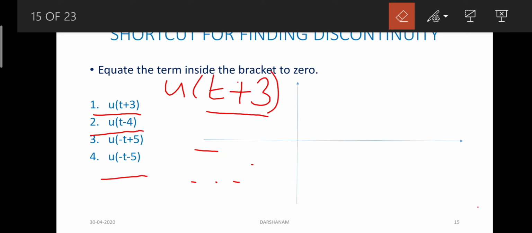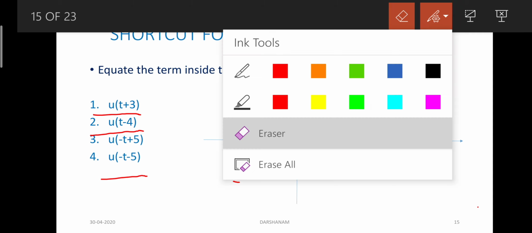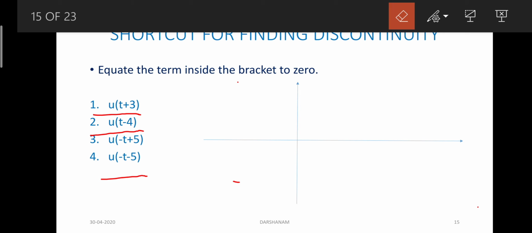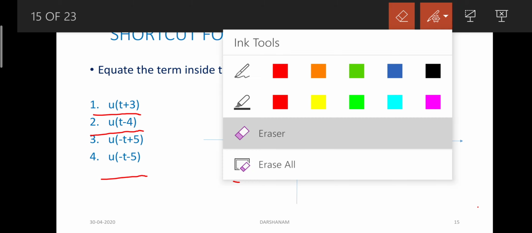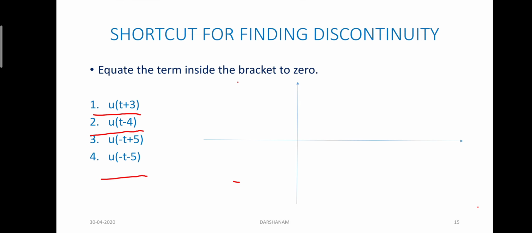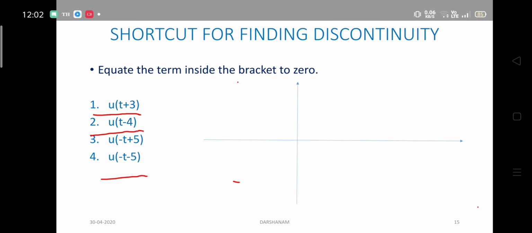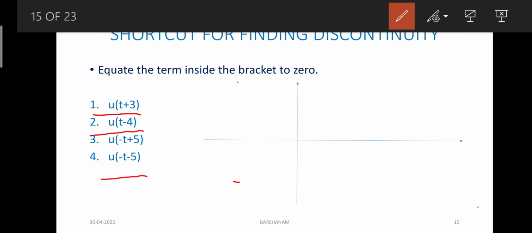So we can write it here, that is, here discontinuity is at t equal to minus 3. Calculating this for u of t minus 4, that is t minus 4 is equal to 0, the discontinuity will be at t equal to 4.